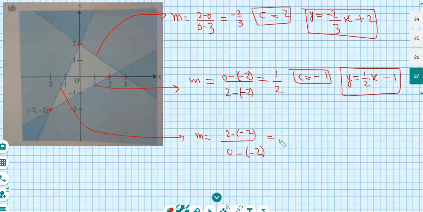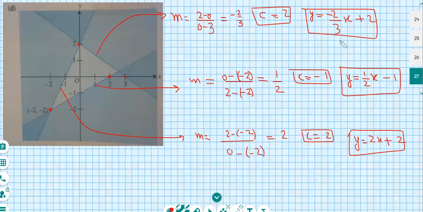So the gradient will be plus 2. And the y-intercept is plus 2. So the equation of the line will become y equal to 2x plus c. C is 2. So we have got 3 equations for the 3 lines.